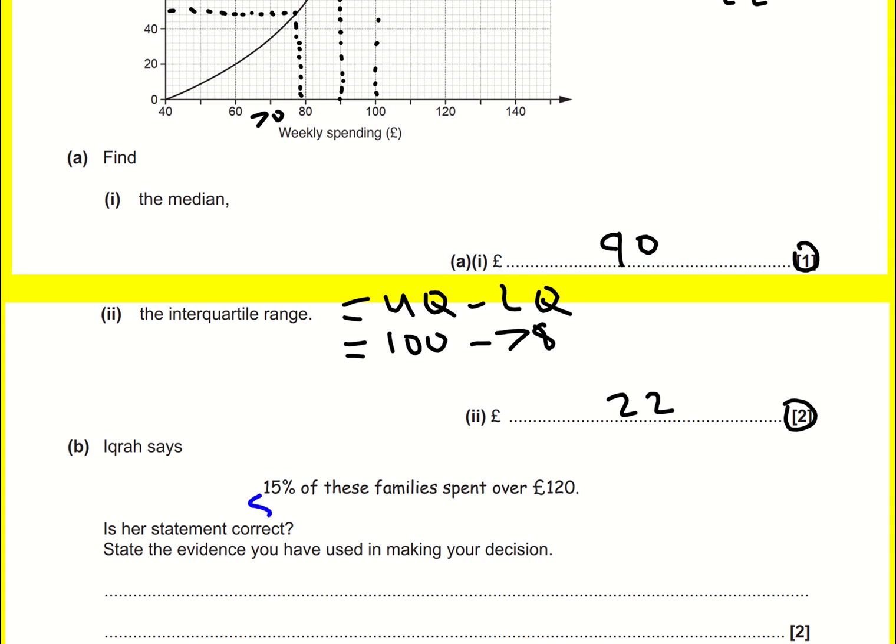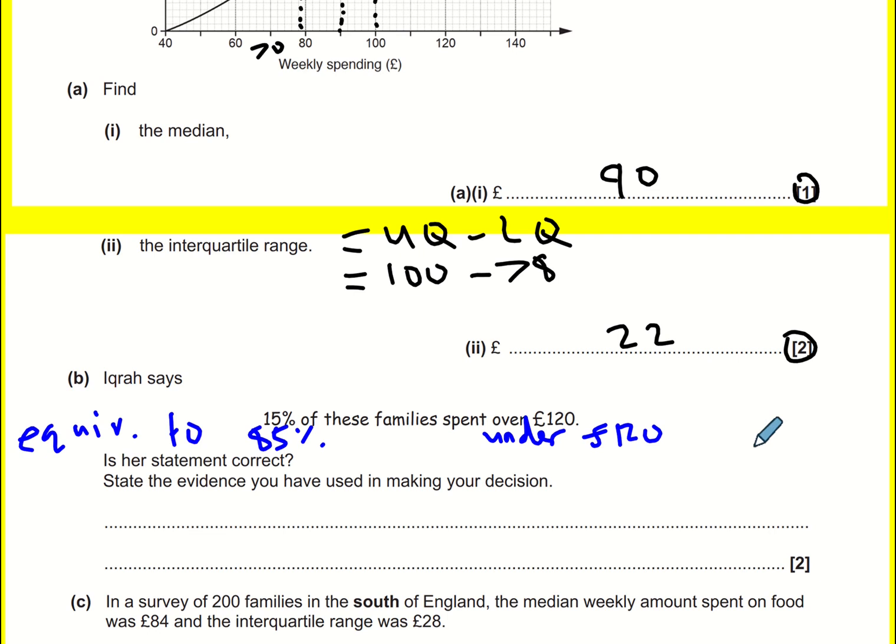So I need to change this into 85% of the families, equivalent to 85% spent under £120. And then what is 85% of 200?